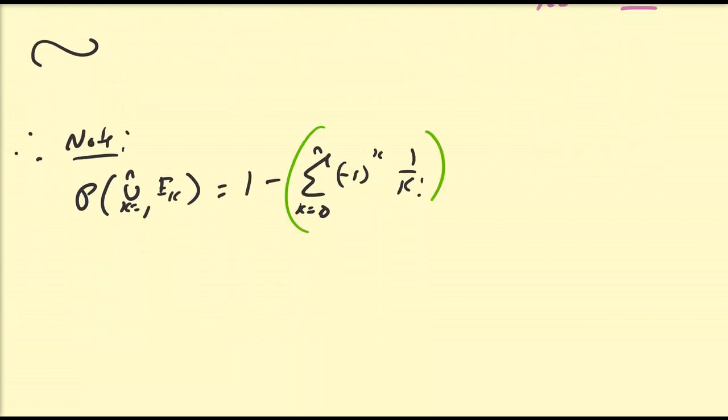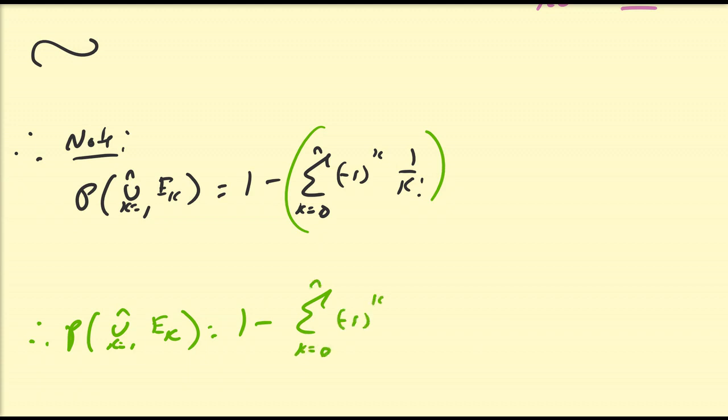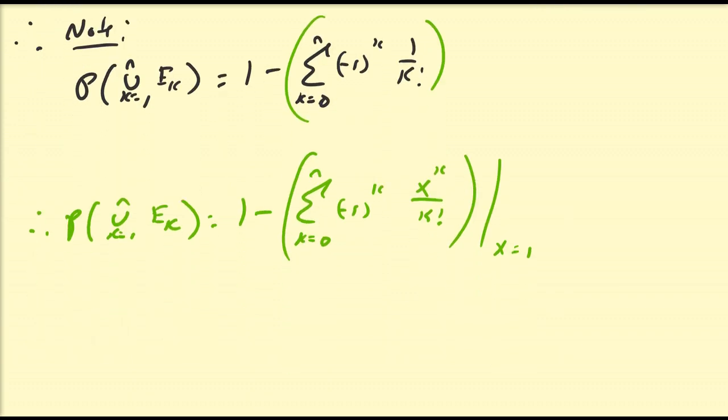So what we can do is the following. If you've learned about Taylor series, this should look familiar. We can rewrite this as negative 1 to the k times x to the k over k factorial. So if we evaluate this at 1, we get the expression above.